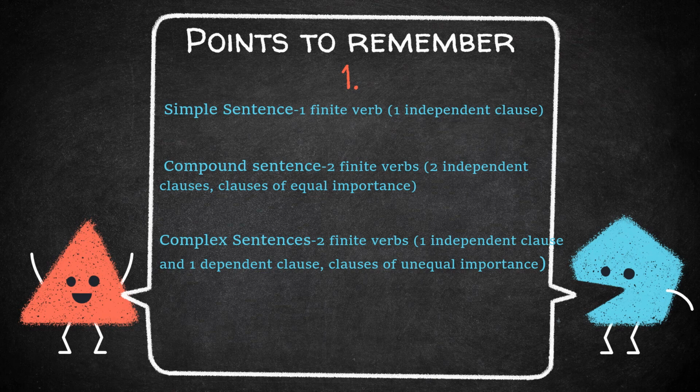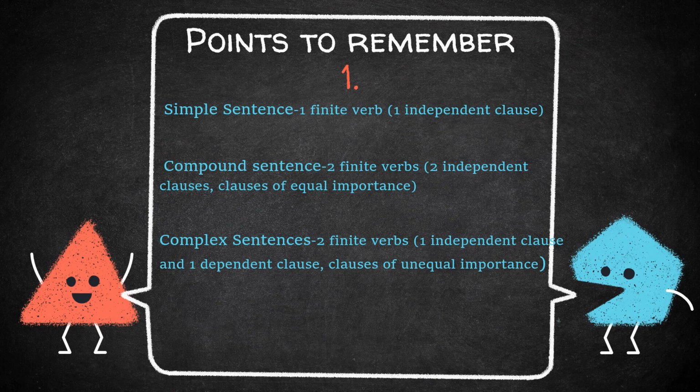So one clause depends on the other clause. That's the major difference between a compound and a complex sentence. You must also note that in a complex sentence, the clauses are joined by a subordinating conjunction. So this is the first set of rules that you need to remember pertaining to the sentences.